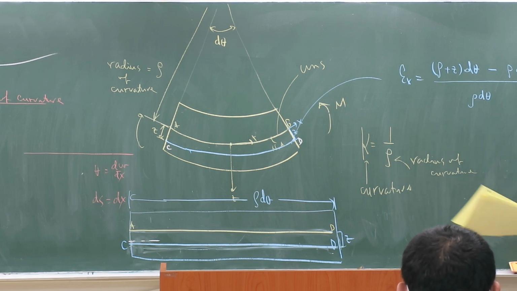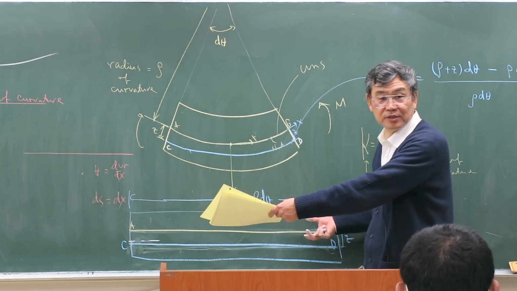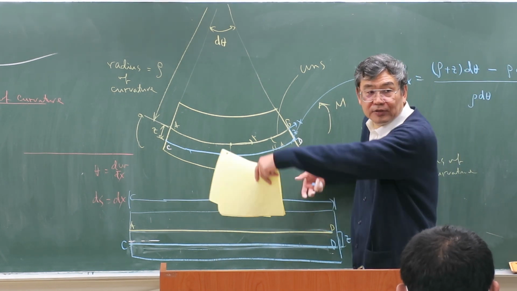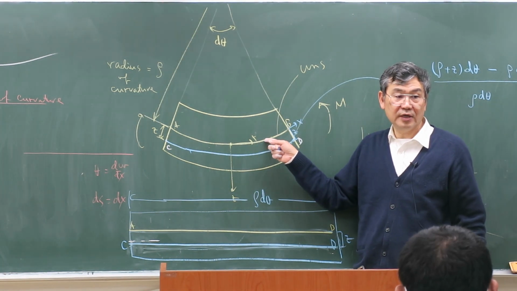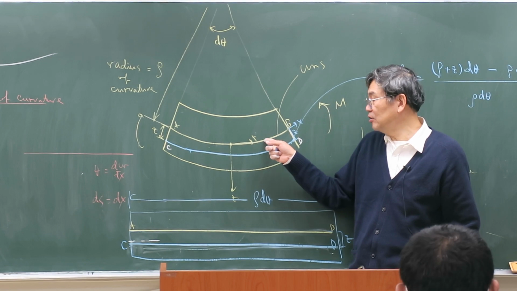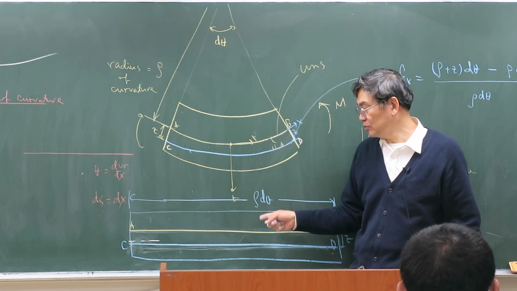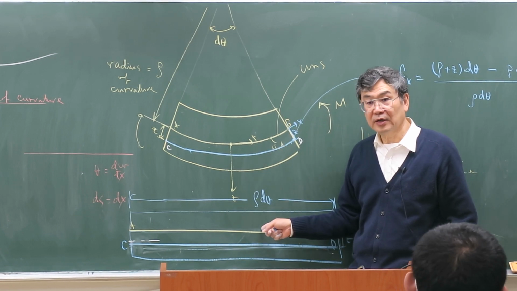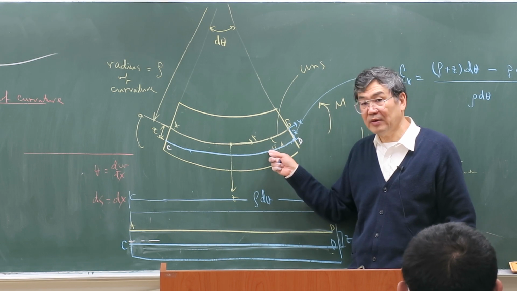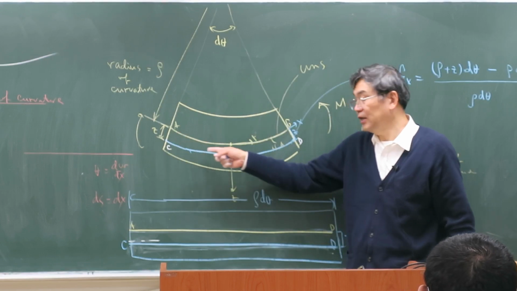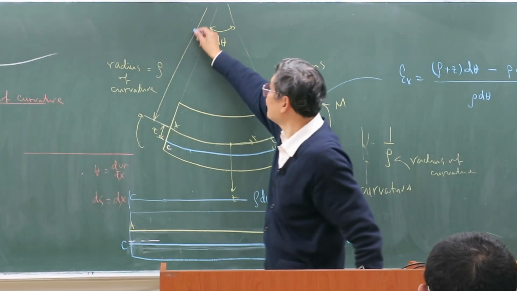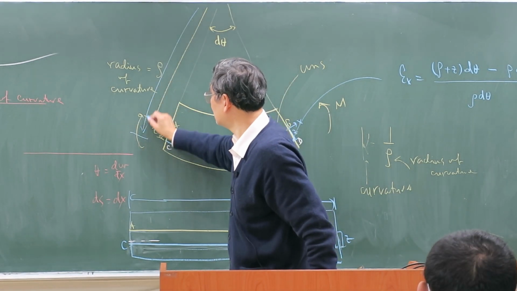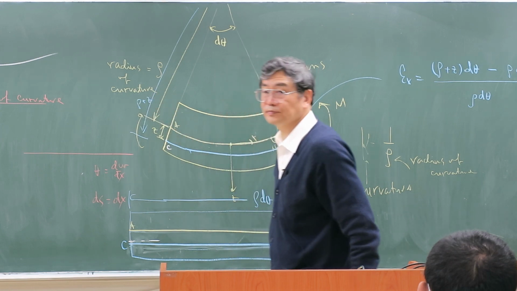Okay, this is before deformation. And after deformation, the neutral axis doesn't stretch. So in the deformed state, the neutral axis length will be equal to the original length. And for the strain of this fiber, you can see how long it is: theta times rho plus z.